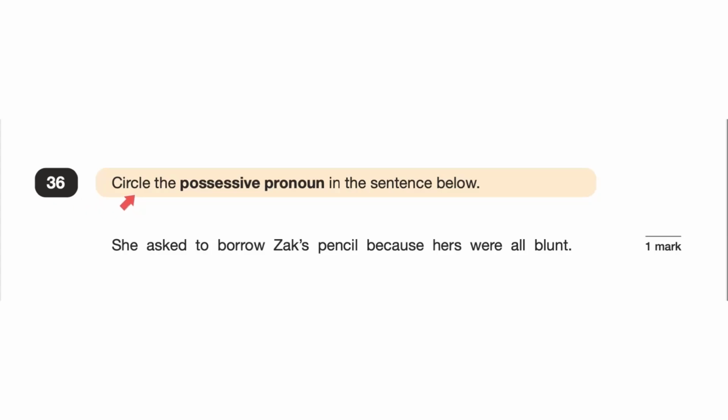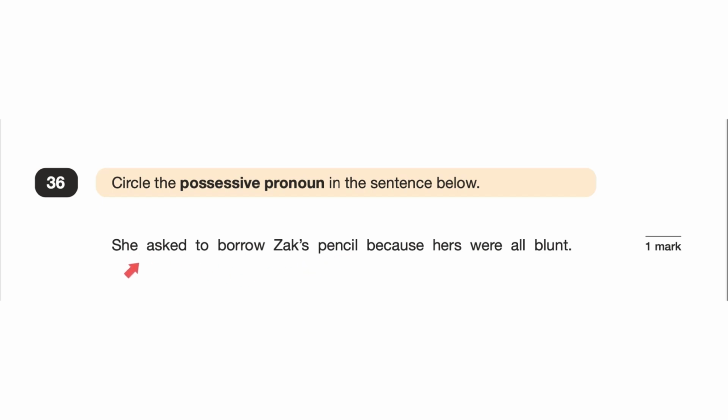And again, circle the possessive pronoun in the sentence below. So again, remembering this concept of possessive is this ownership. They own something. She asked to borrow Zach's pencil because hers were all blunt. And again, we could maybe get sucked into the concept of this being Zach's pencils.